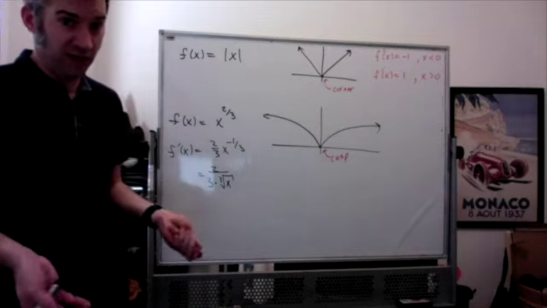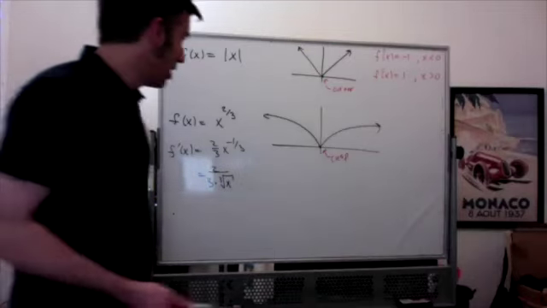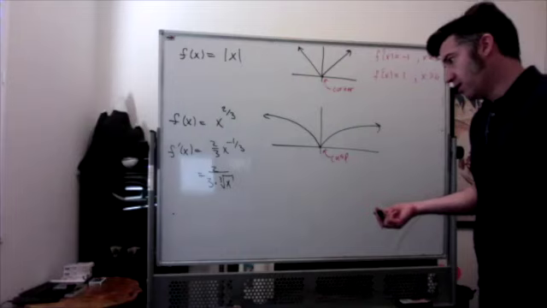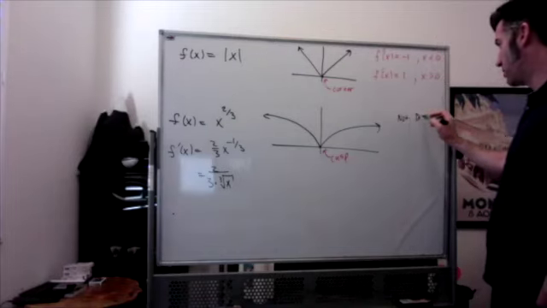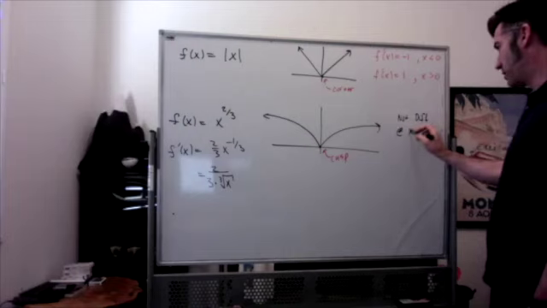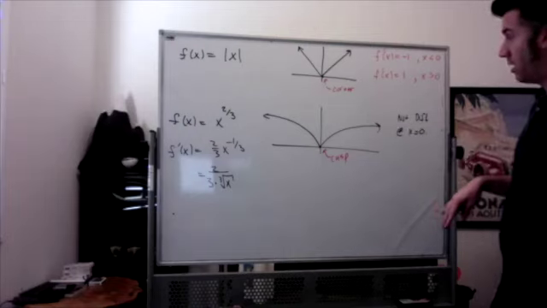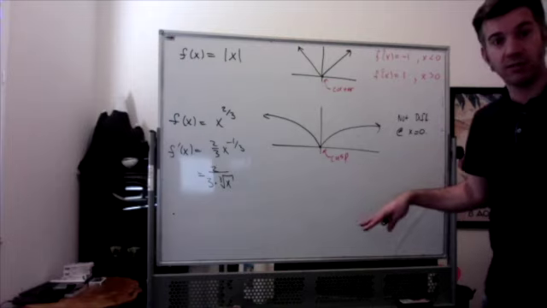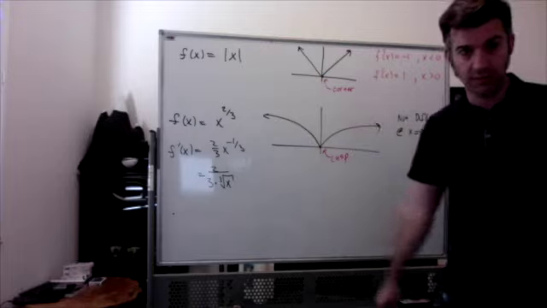Division by 0 is undefined. So at 0, the derivative is undefined. Okay. So, right, this is not differentiable at x equal to 0. Still continuous, right? Continuous, continuous, continuous.